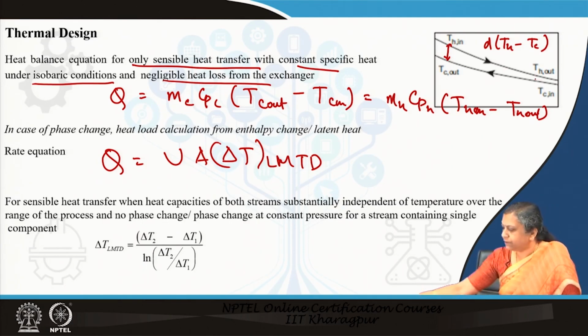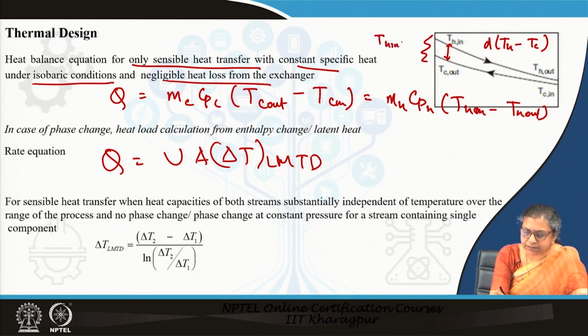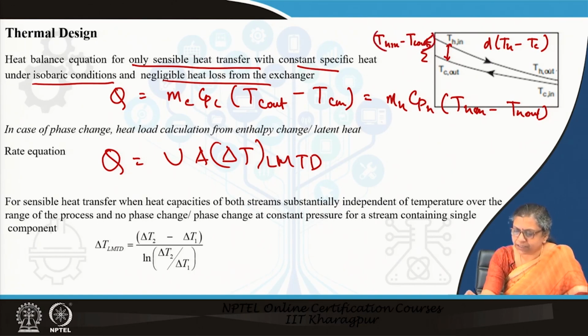and depending upon whether the flow is co-current or counter-current, we find that at one end the difference for a counter-current arrangement is Th in minus Tc out, while at the other end the difference is Th out minus Tc in.